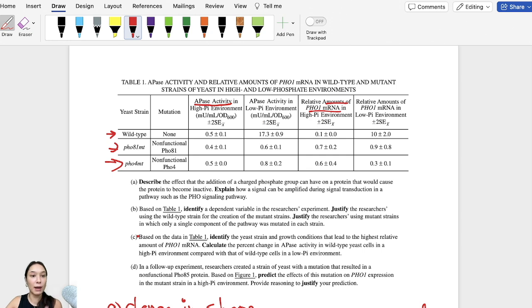The purpose of having the wild type there is to use as a comparison, okay? You're trying to see the effect that faux 81 mutation or faux 4, doesn't matter, has on the overall expression in these yeast cells. You don't have anything to compare that to unless you run the exact same experiment using non-mutated yeast, okay? So you always have to have a reference to go back to, right?